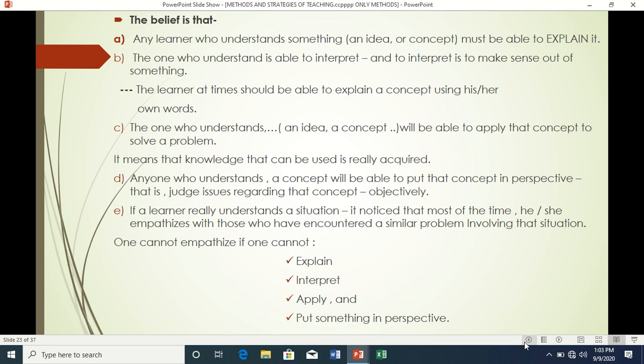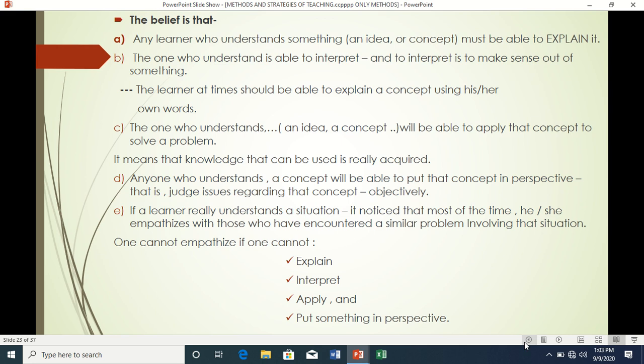So, we must do all that we can so that the learner is able to explain a concept using his or her own words. Remember, in your secondary school days, comprehension passages, and you will find underlined words or phrases, clauses, and on the underlined words, vocabulary.